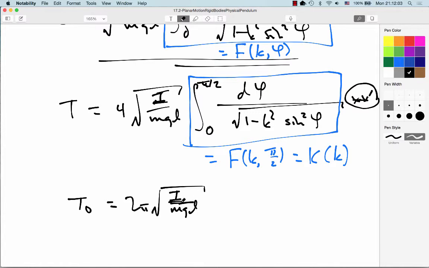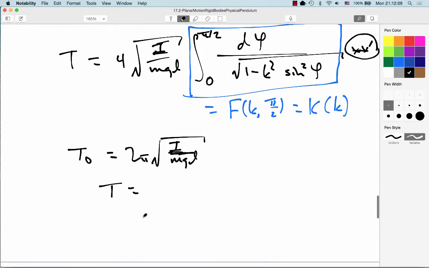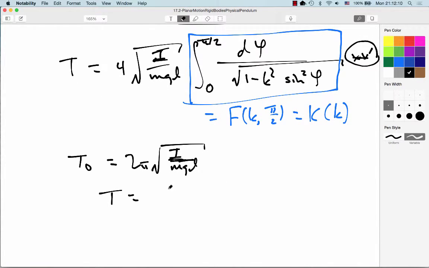That's for the simple case, if the angle is small. So our actual period works out to be 2 over pi t naught times F of k and pi over 2, or if you prefer K of k. And we can plot this, so let's fire up Mathematica.